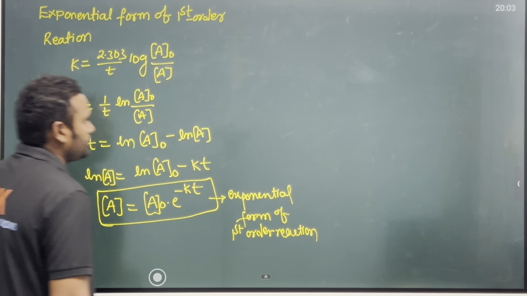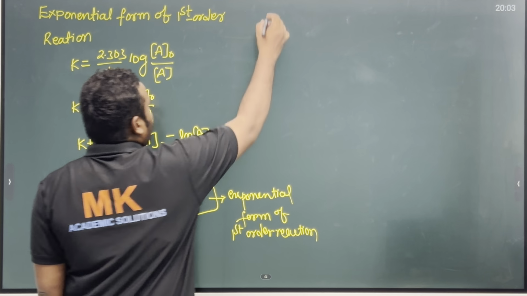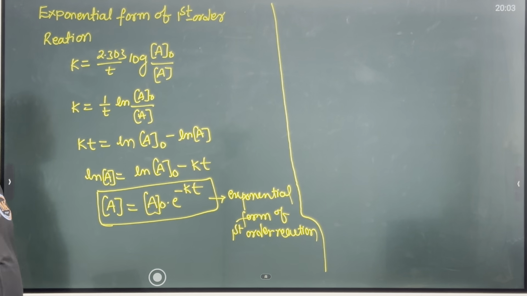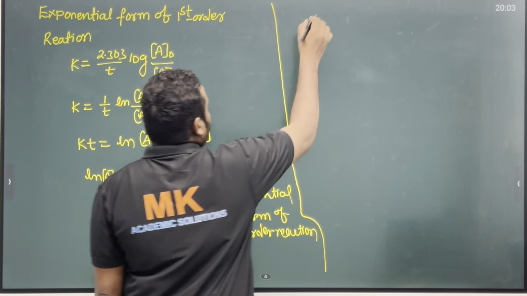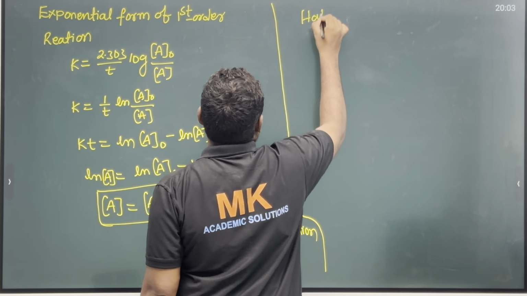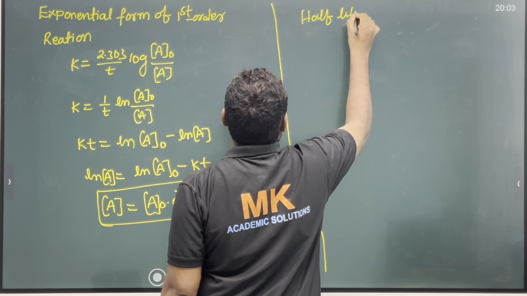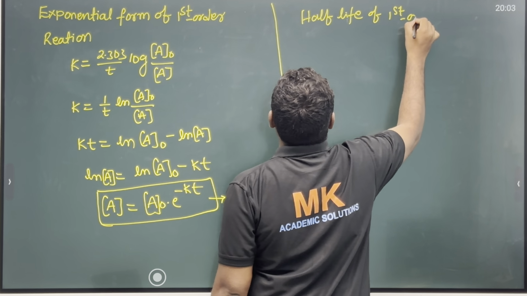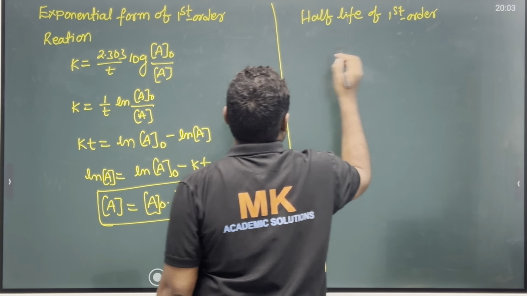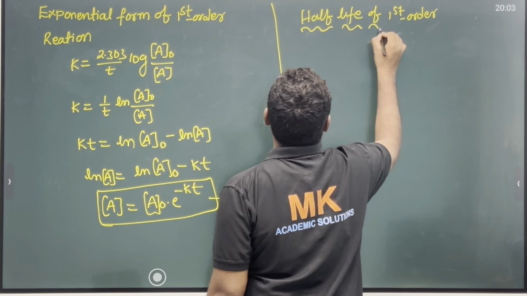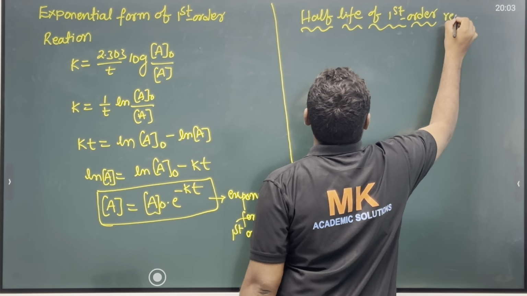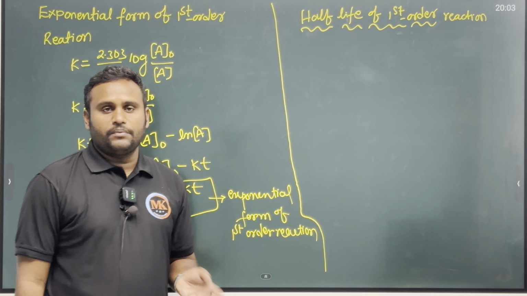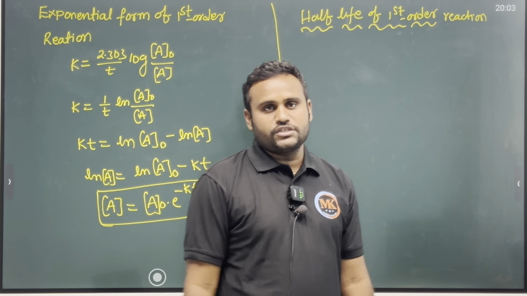Next, let us see the half life of first order reaction. It is also very important. What is the meaning of half life, children? The time required to complete half of the initial concentration.